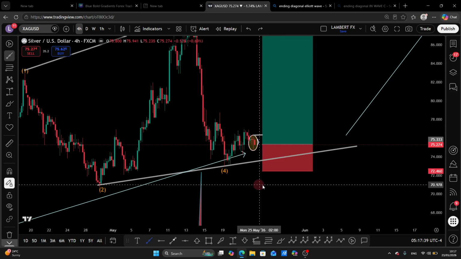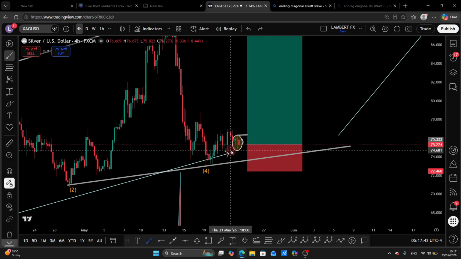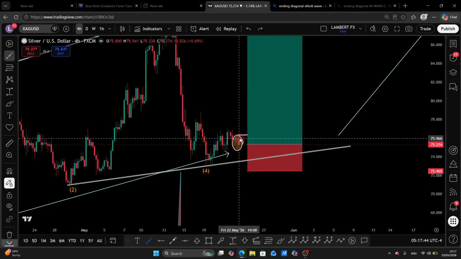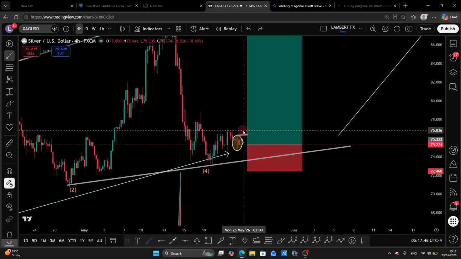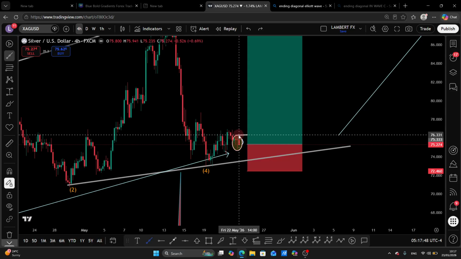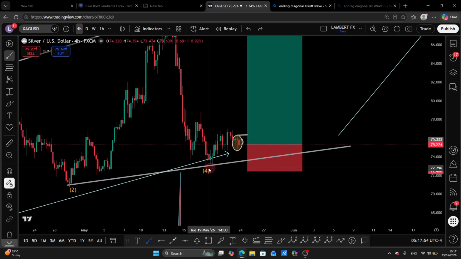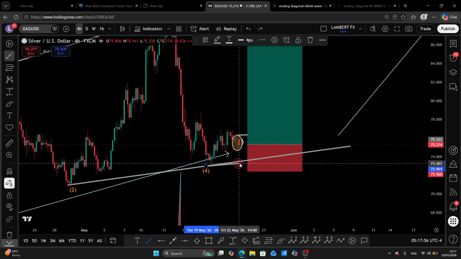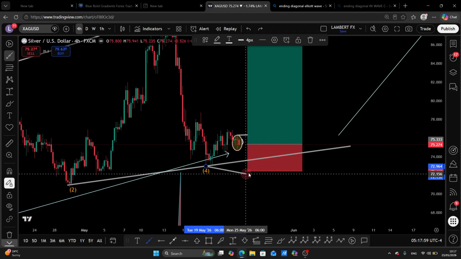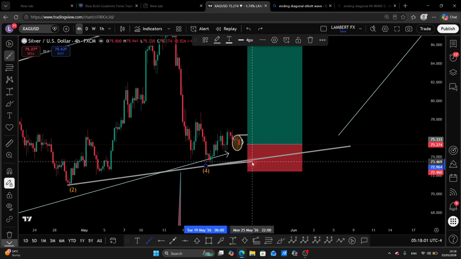But for me, if I see a break of the pin bar, I will take a long trade, and my stop will be below this low here, just like it is now.